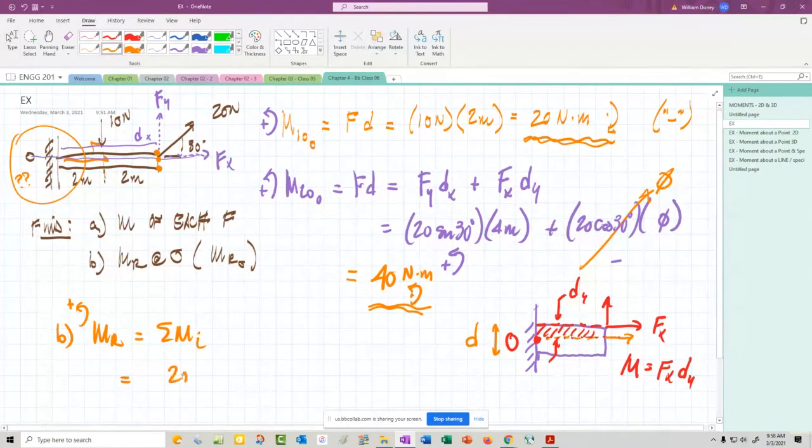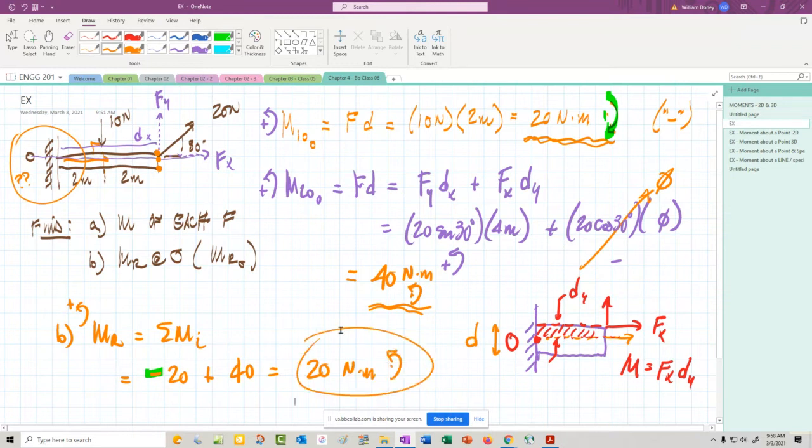We're going to have a 20, but we have to make that negative. Why do we have to make that negative? Because it was negative up here when we calculated it. Plus the 40 equals 20 Newton meters positive.